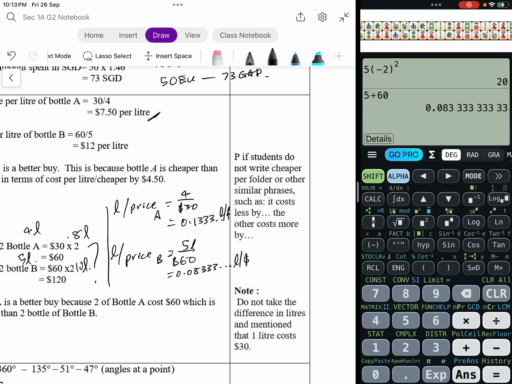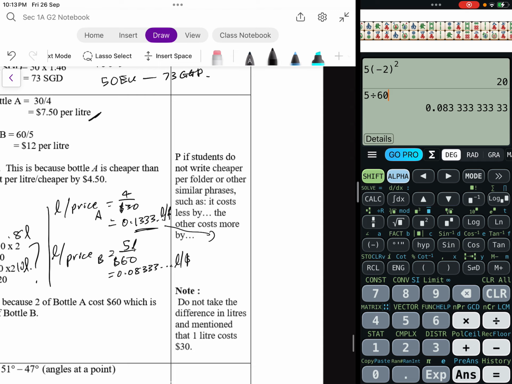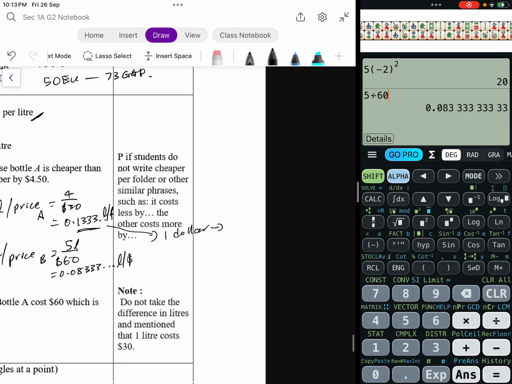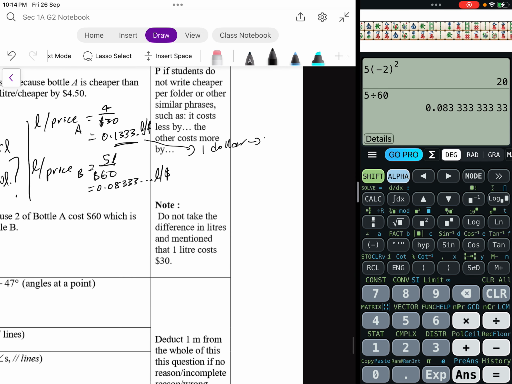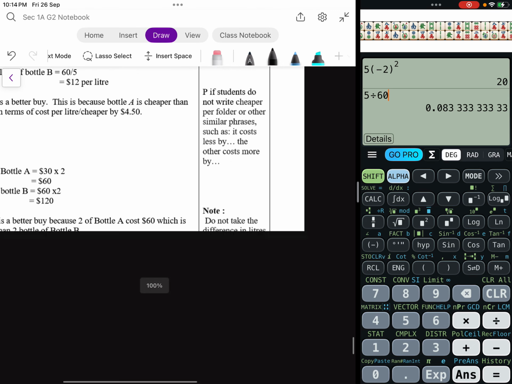So you will actually get more liter for every dollar you spend for bottle A. So that means $1 can get 0.133 liter. Then for this one, $1 will get 0.0833 liter, which is lesser than A. So A is the better choice.